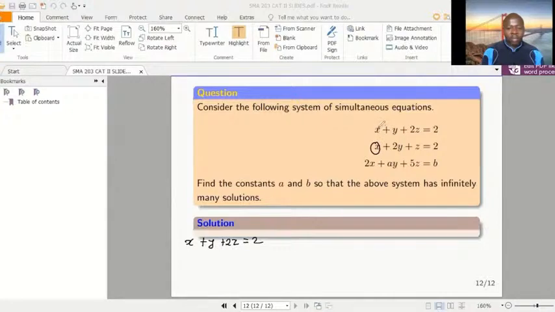That means I subtract equation 1 from equation 2. So when I subtract equation 1 from equation 2, I have a 0 here, a 1 here, a negative z, and a z. I also want a 0 in this position. That means I must take equation 3 minus 2 times equation 1.